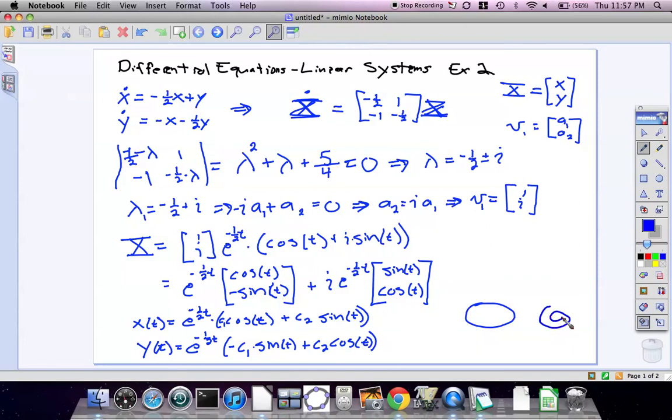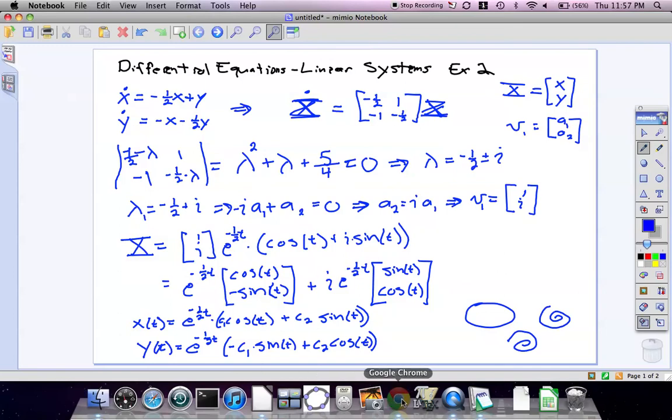So what I should find is that I'm going to have a spiral in toward the origin. The direction of the spiral is something I have to figure out by looking at a couple of slopes at different points near each other, and I'll be able to identify that slope. Let's grab a program to help us do this.